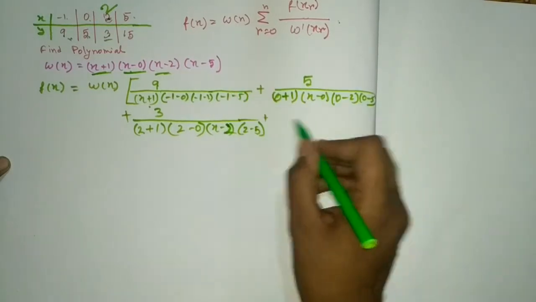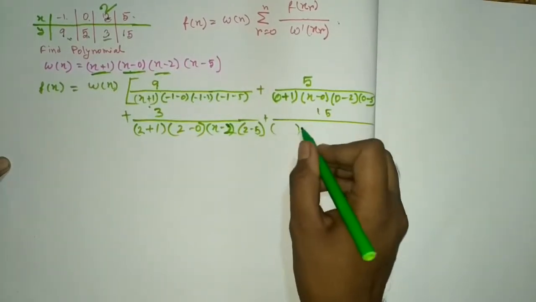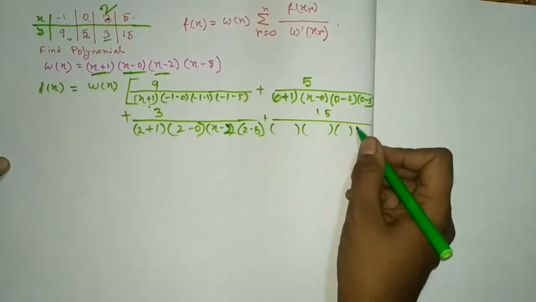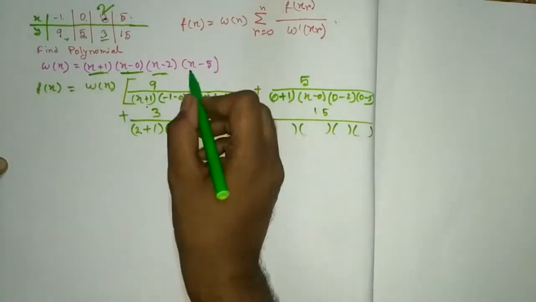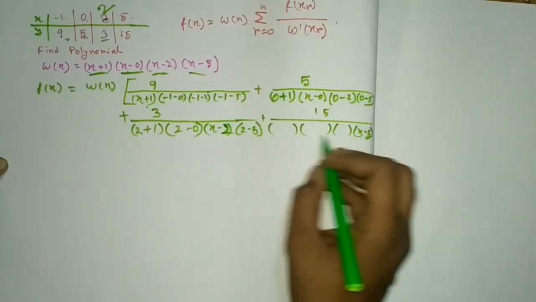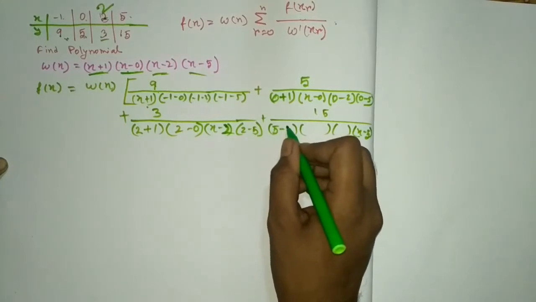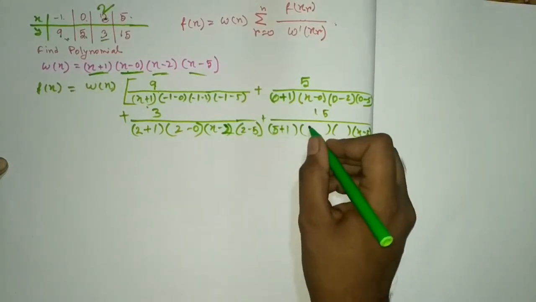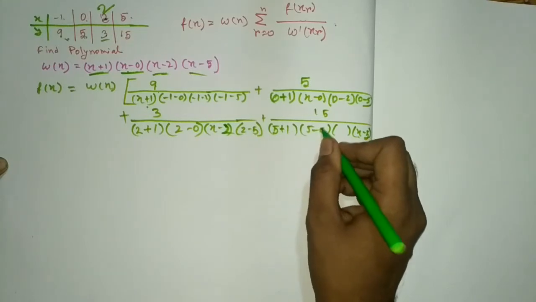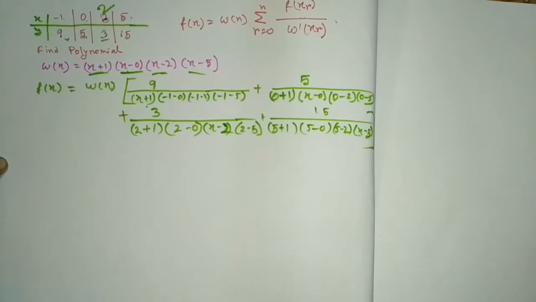Now for the last term, write down the last y value at the top, and the denominator's x term will be x minus 5. The remaining terms will be 5 minus 1, 5 minus 0, 5 minus 2. So it is quite easy.